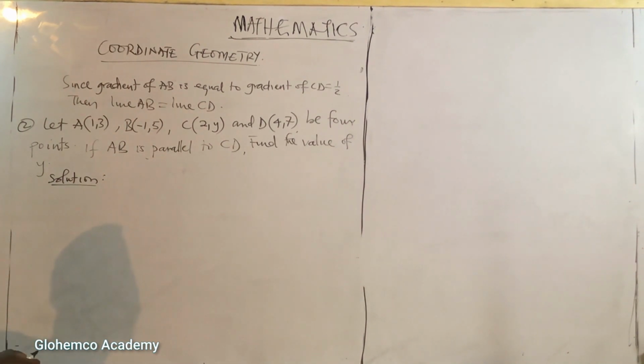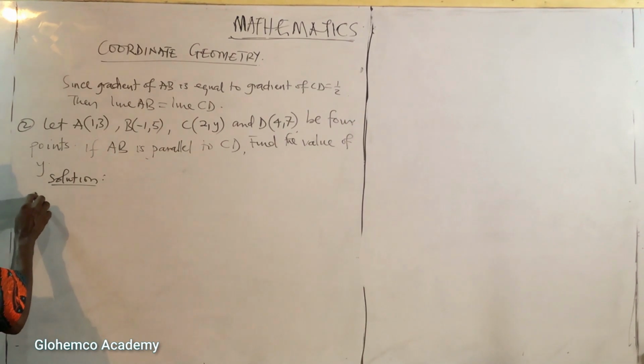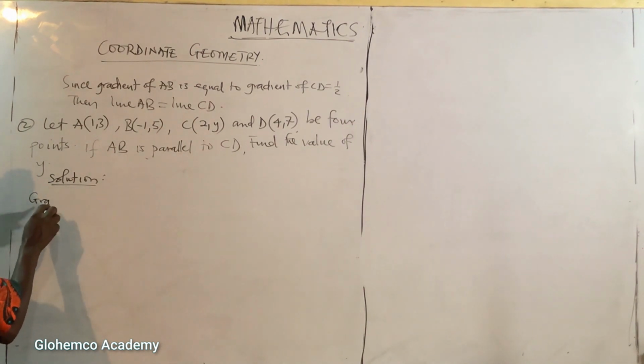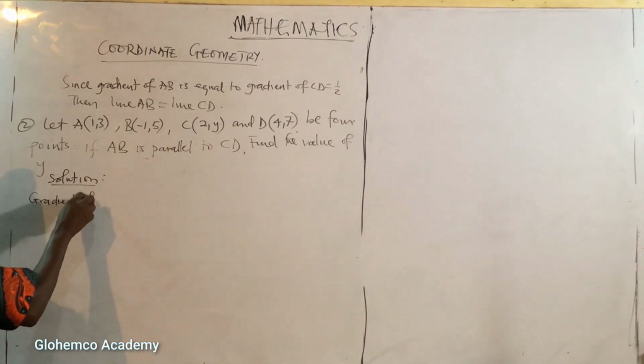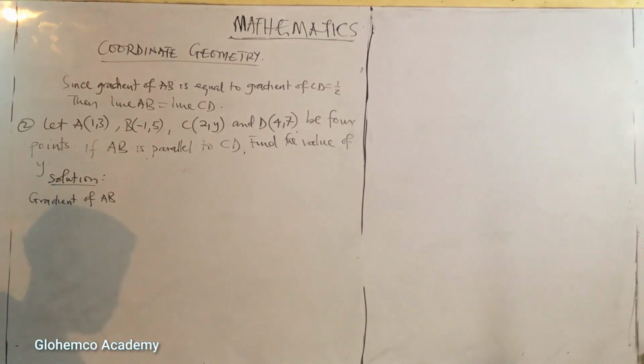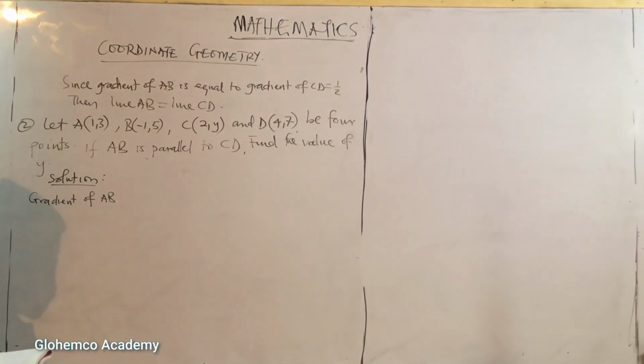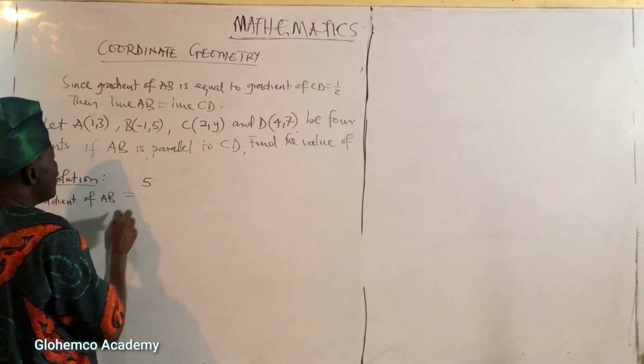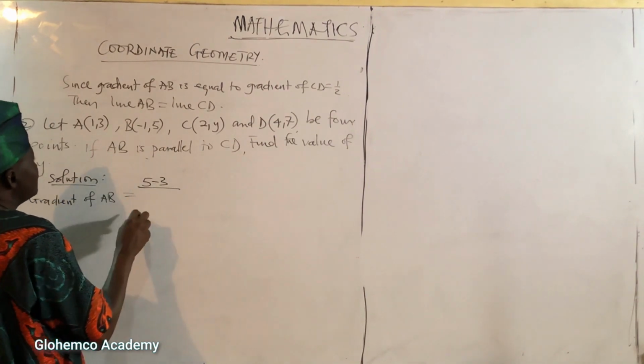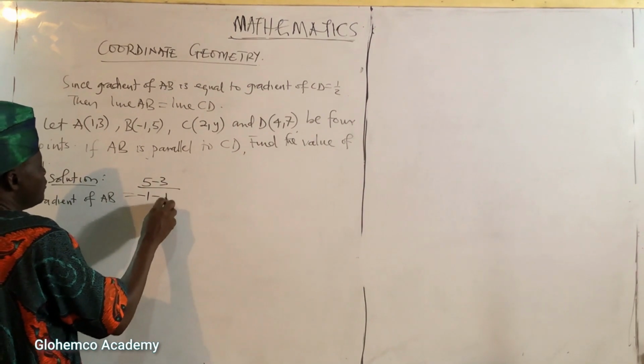Now we talk of line AB. We need to find the gradient of AB first, because we have been told in the question that line AB is parallel to CD, and we have to find the value of y here. So in this case, we have 5 minus 3 over minus 1 minus 1.